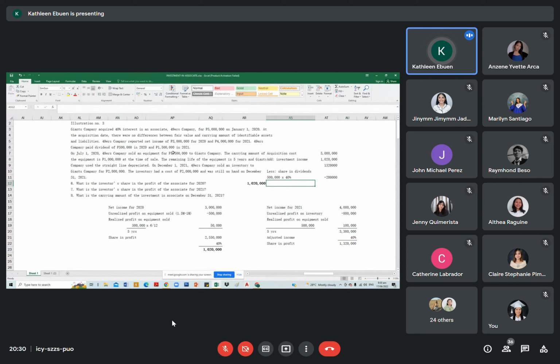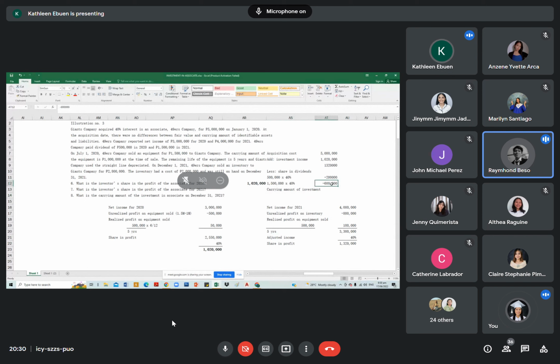Tapos yung 1.5 million ng 2021, 40%, magkano yan? 600,000. Okay. So, therefore, magkano yung carrying amount of investment? 6,540,000.